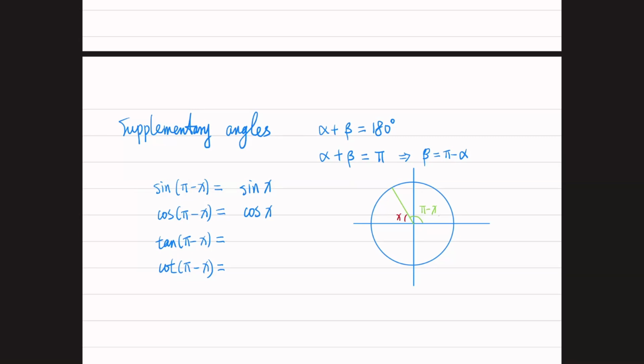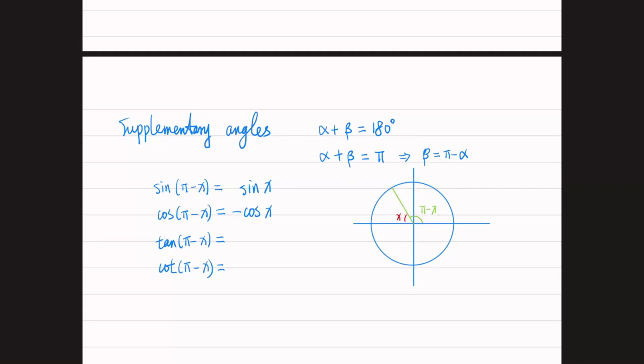Why is it negative? Because for this one, the x-coordinate is negative. Going that way, it will be negative cosine x.